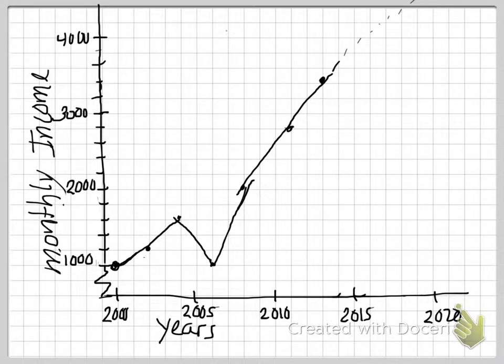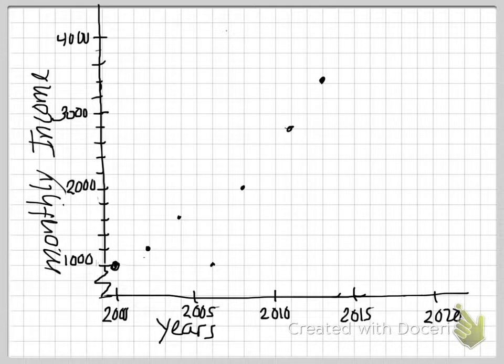They can also ask you about changes. So let me take the line away. They might ask you, what was the change in income from the year 2004 to 2006? Well, 2004 to 2006 is right there.